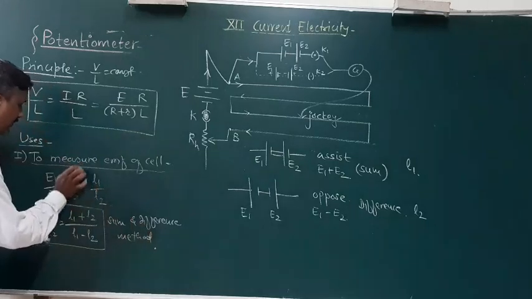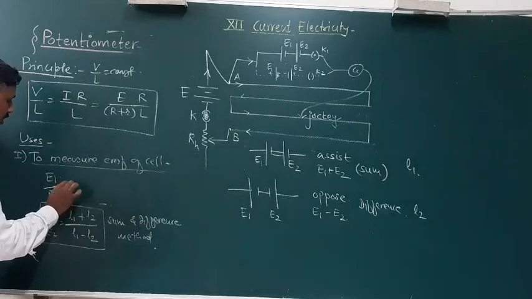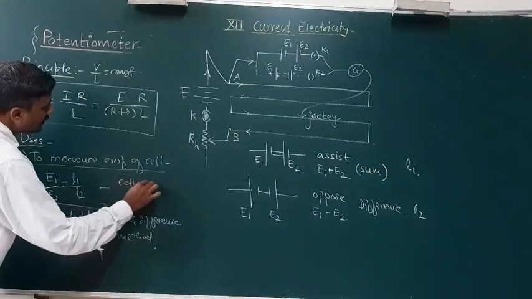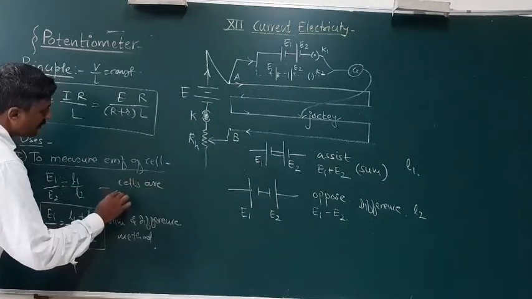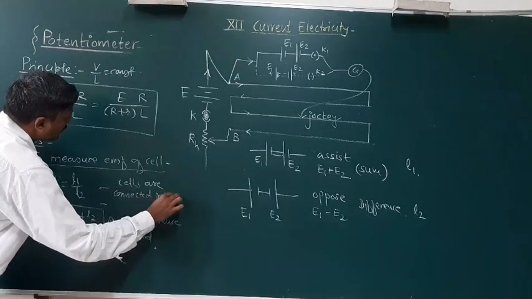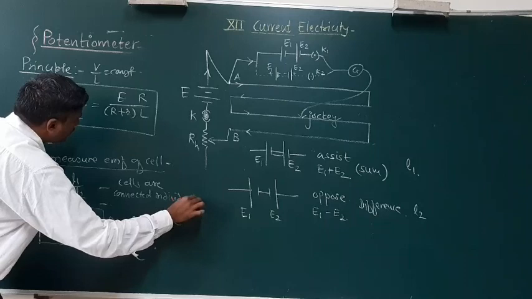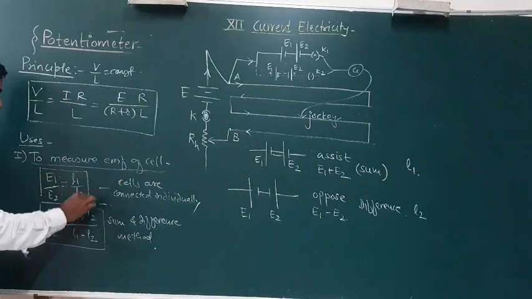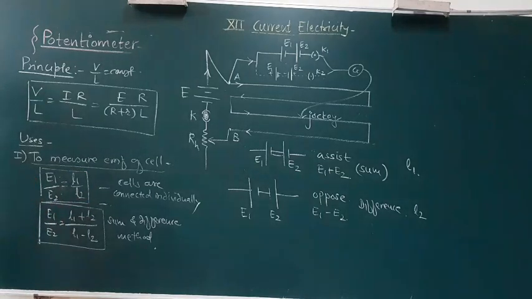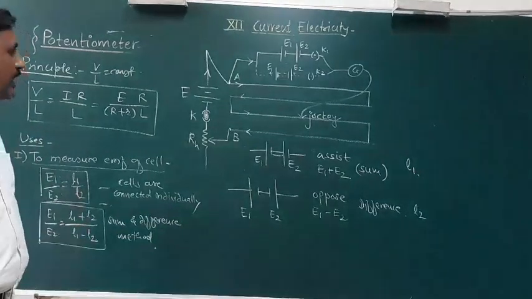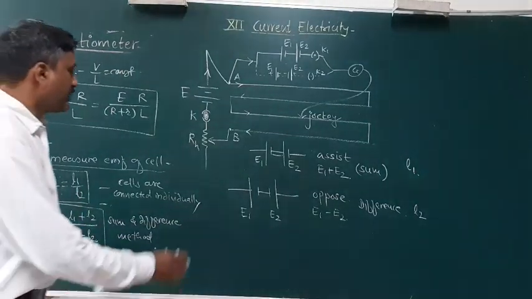And the previous formula is E1 by E2 equals L1 by L2 when cells are connected individually. These are my two formulas, when cells are connected separately and when the cells are connected combined, that is in the sum and difference method.